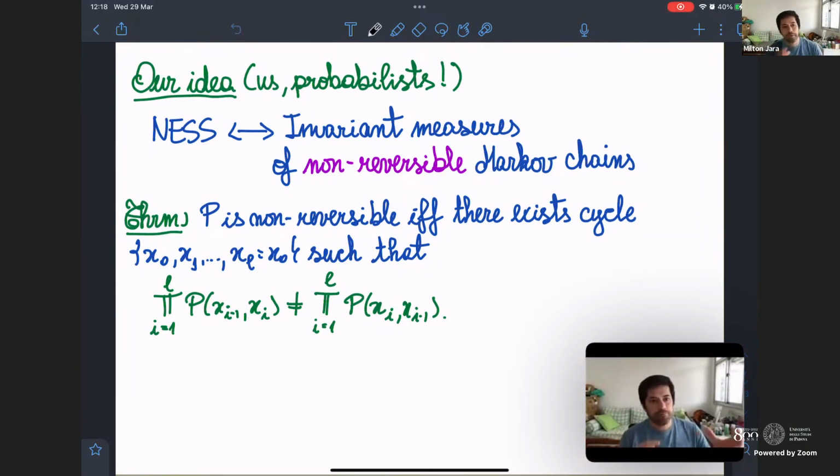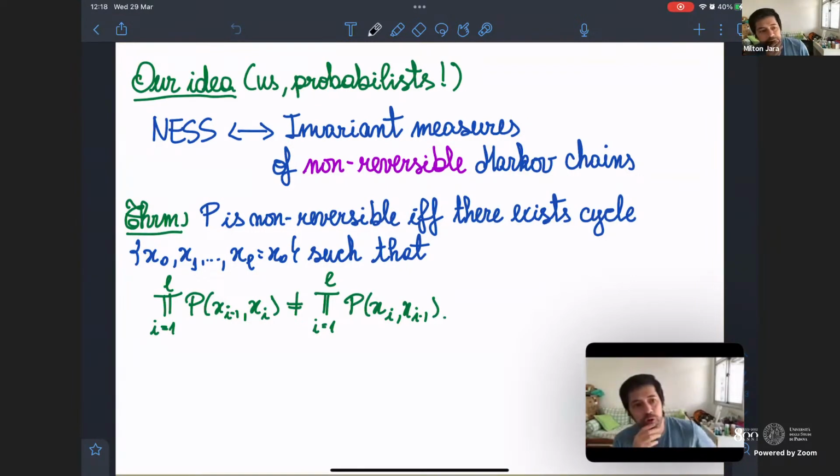They have complex structure, complex dynamics, and in particular there is some sort of unpredictability to them, so you never know when a hurricane is going to appear or things like that. From that point of view, it's nice that you can tell whether a Markov chain is non-reversible without actually looking at its invariant measure.